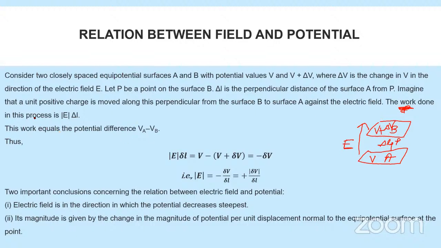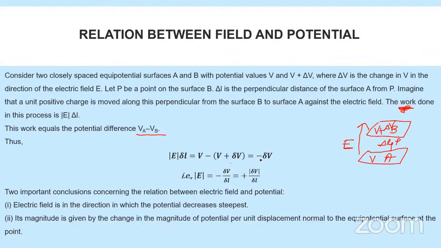Now this work is going to be equal to the potential difference between the equipotential surfaces, so VA minus VB. When we write it in equation form, E del L is equal to V minus V plus del V, because we know this is the potential value for VA and this is for VB.